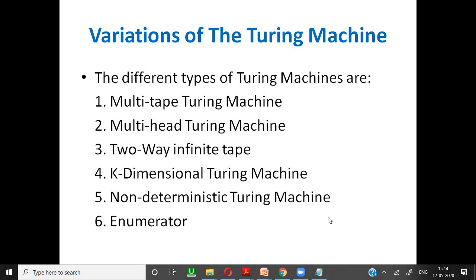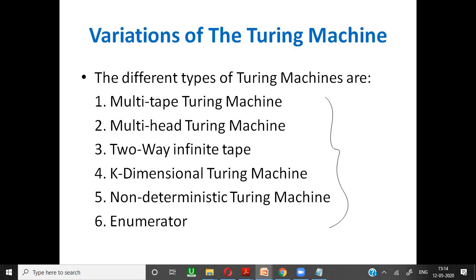The head will move either left or right as you wish, wherever you want. But that structure is modified by providing additional resources. Based on the structure modifications, we implemented these 6 Turing machines.